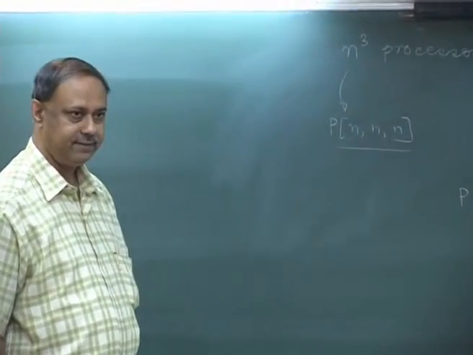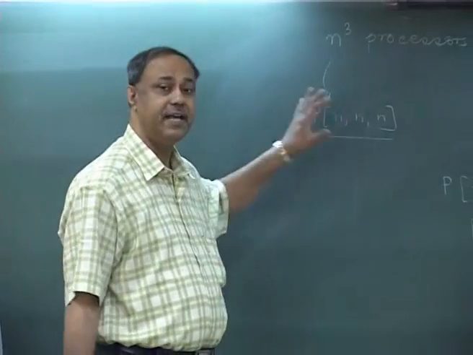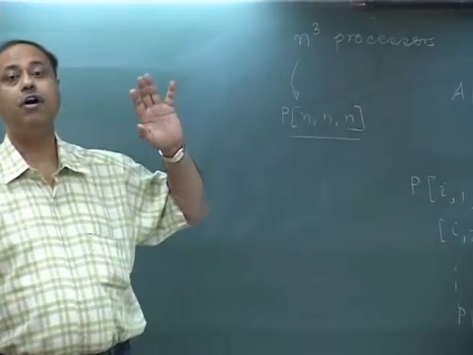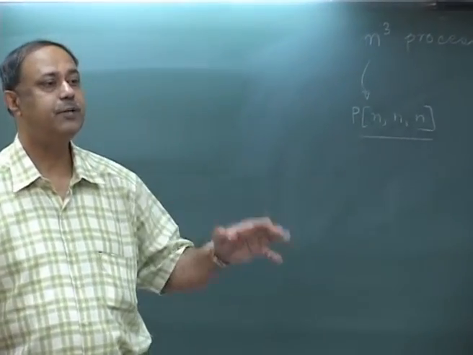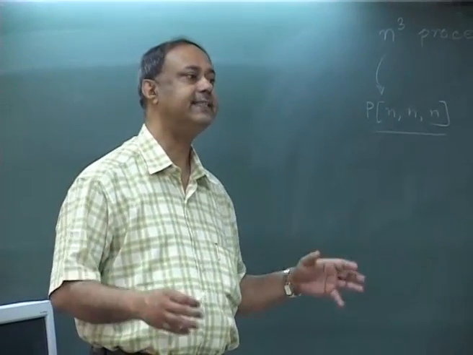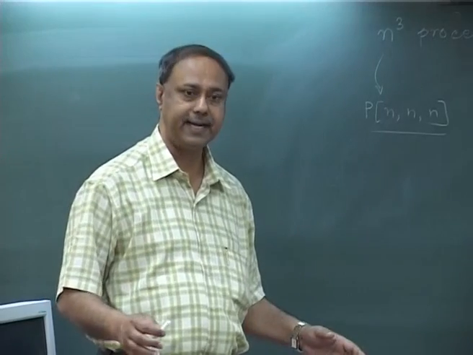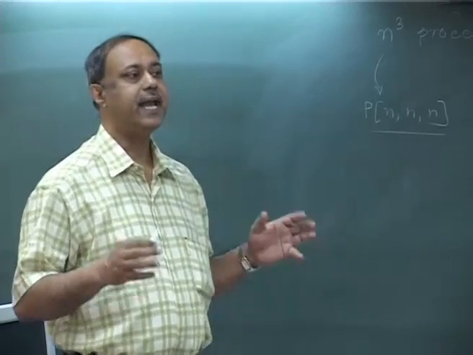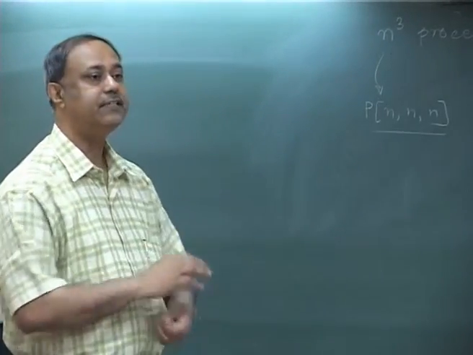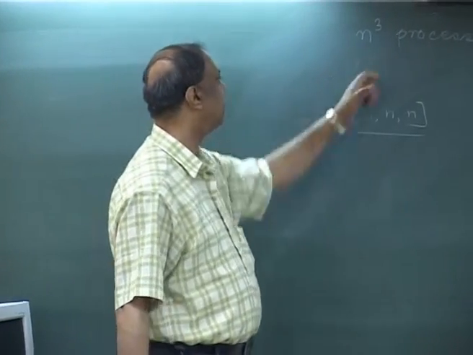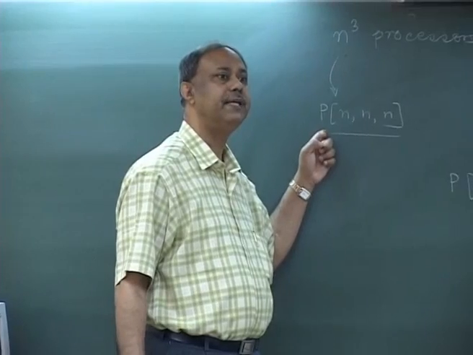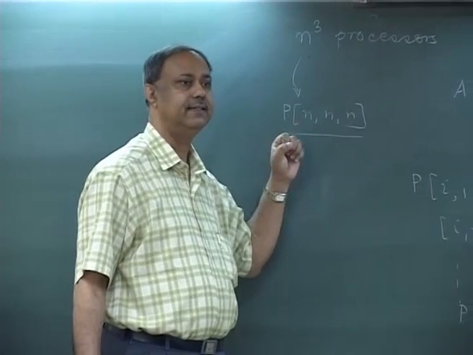Let us start again. I have a hypercube of n cube processors. These n cube processors are arranged in the form of a three-dimensional array. Each dimension is having size n. So this processor can be expressed in the form of Pijk. Agreed?